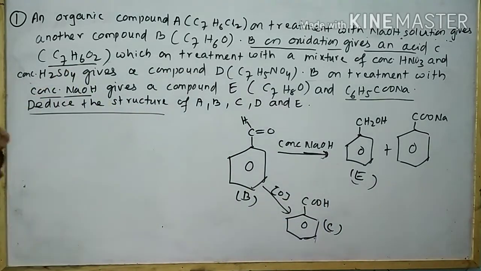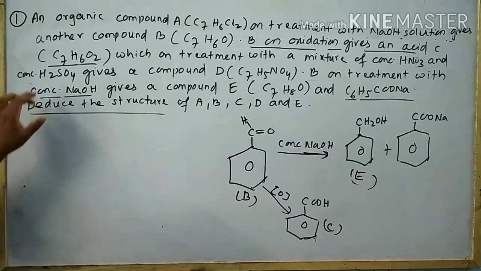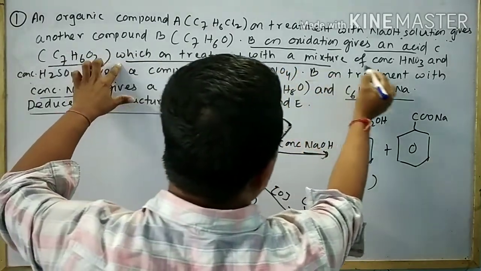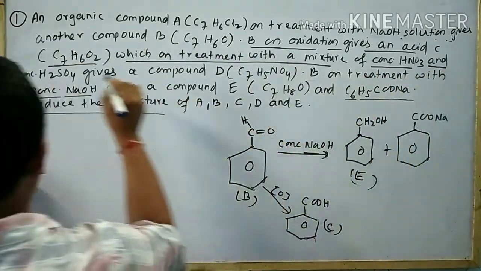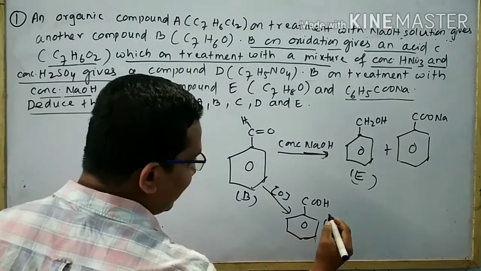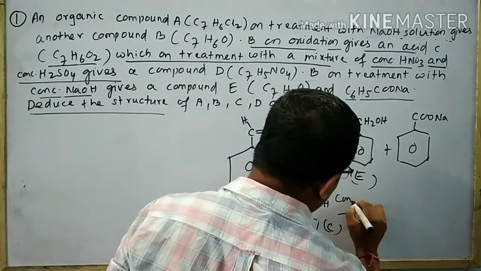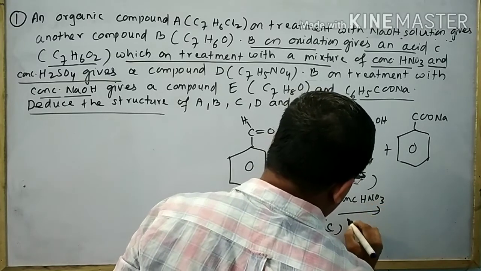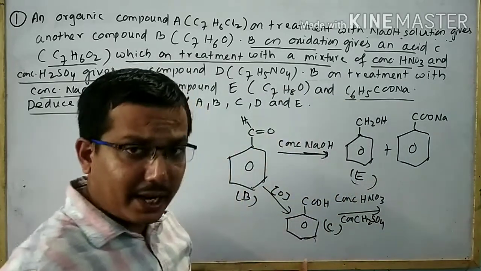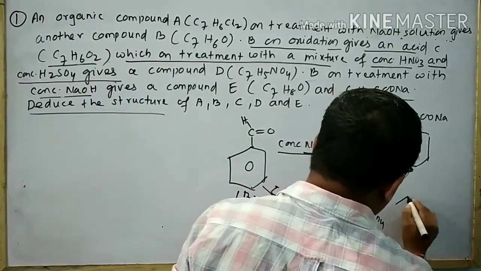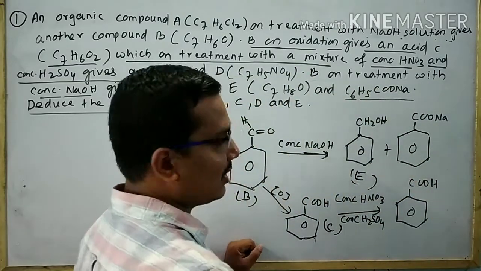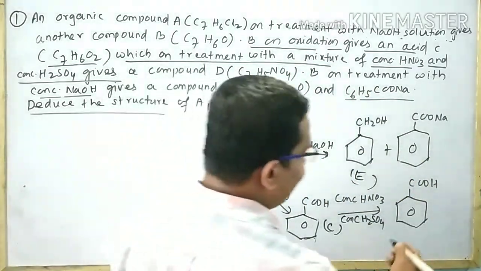Next, again find out the key terms. Here is also a key term which on treatment with a mixture of concentrated HNO3 and concentrated H2SO4 gives a compound D. That means when C is subjected to reaction with the concentrated HNO3 and with the concentrated H2SO4, that is said to be nitration, then we can find out meta-nitrobenzoic acid because COOH in benzoic acid is meta-directing in nature.